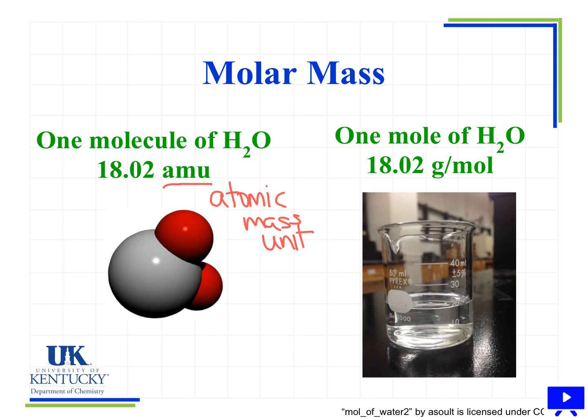When I'm looking at water, for example, a single molecule of water, so 2 hydrogens and 1 oxygen all by itself, would have a mass of 18.02 AMUs. If I have 1 mole of water, so 6.022 times 10 to the 23rd molecules of water, it would have a mass of 18.02 grams per mole. Same number, different units associated with it, depending on whether we're talking about a single molecule or a mole of molecules.